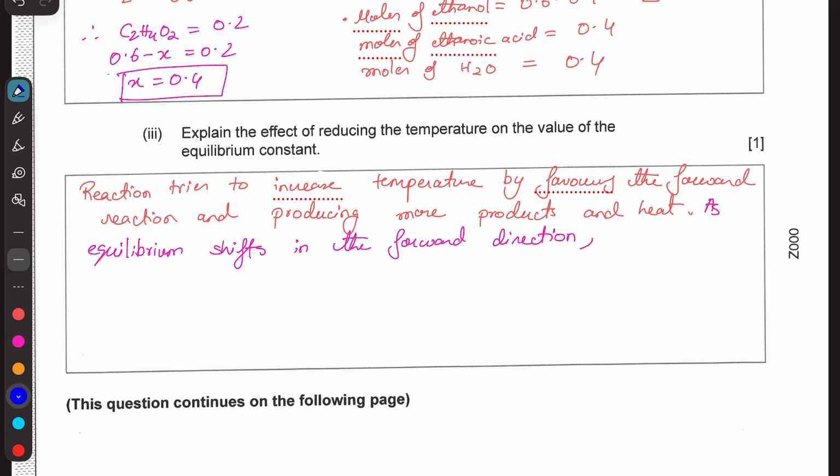The equilibrium constant value increases, or the value of Kc increases. So that's it.